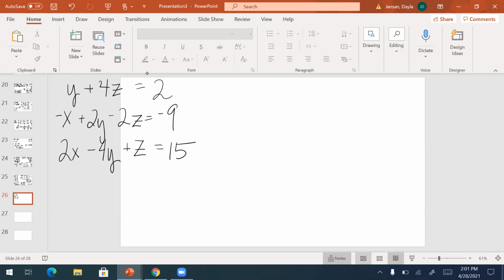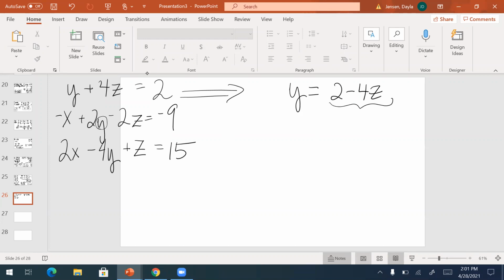This first equation, I can solve: y equals 2 minus 4z. So then I can put that into both of these next equations.